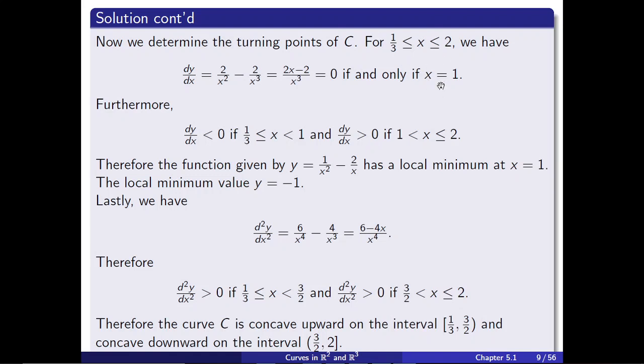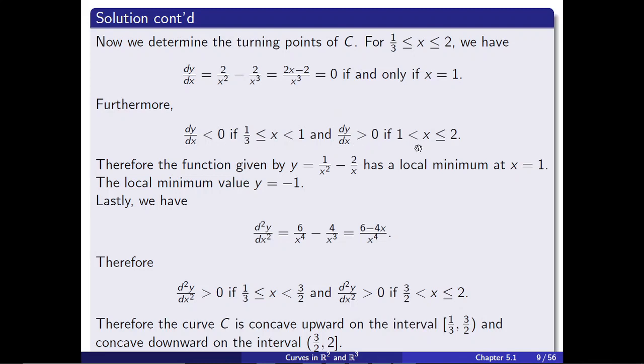So the turning point is x is equal to 1, and then we also find where the gradient is positive and where the gradient is negative, right? Because x is equal to 1 is the turning point, it means one side is going to be positive, the other is going to be negative, right?